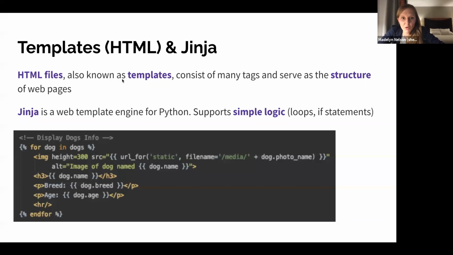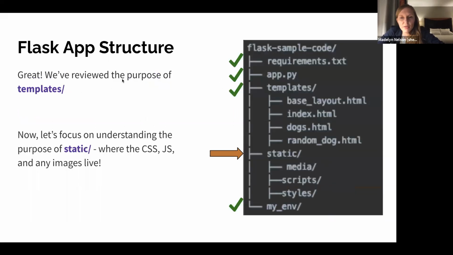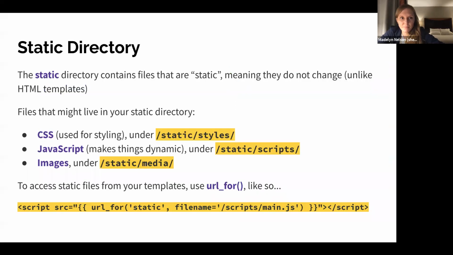All right. Great. We've talked about templates, and like I said, now we're going to talk about the static folder. In the static folder, that's where you'll find CSS, JavaScript, and any images or other media in your website. The static directory contains files that are static, which means they basically don't change, unlike those HTML templates.